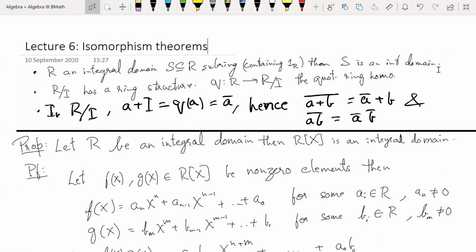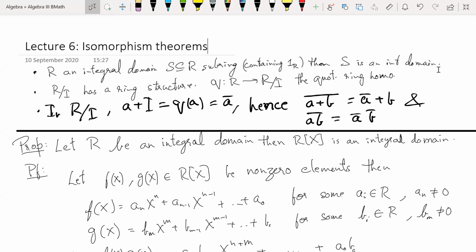So we saw one explicit computation, in fact: Q[x] mod x squared minus 2. And we showed that that's isomorphic to Q[square root 2], assuming the first isomorphism theorem and the remainder theorem. So today we'll see the first isomorphism theorem, and maybe the remainder theorem sometime later.